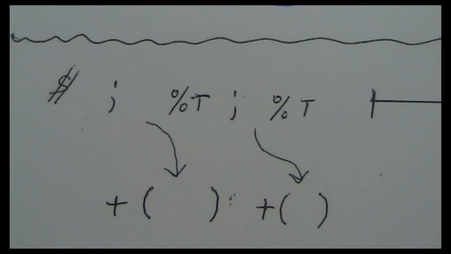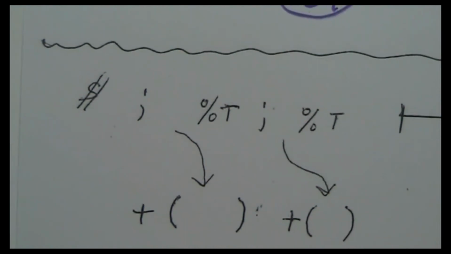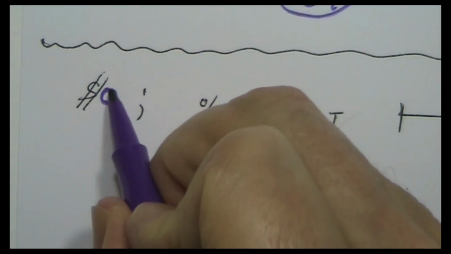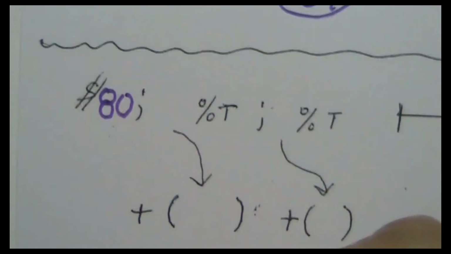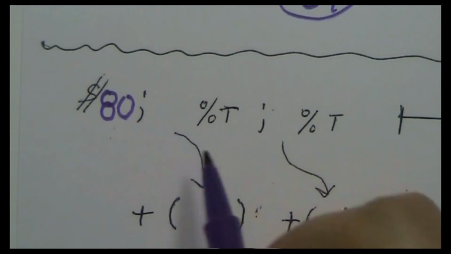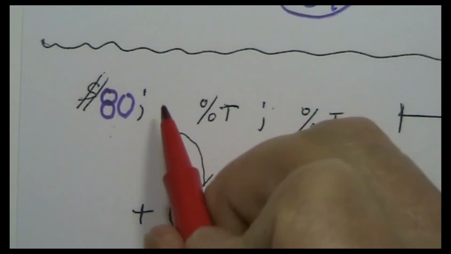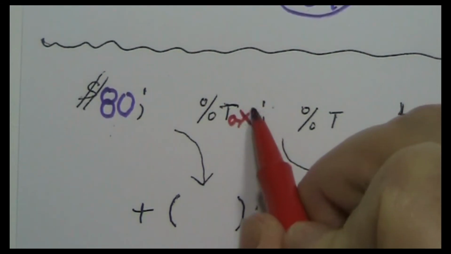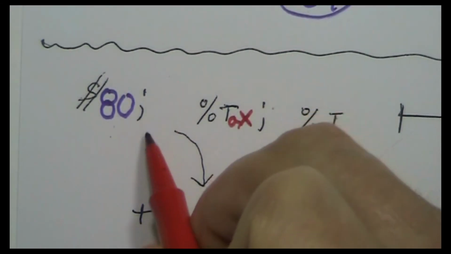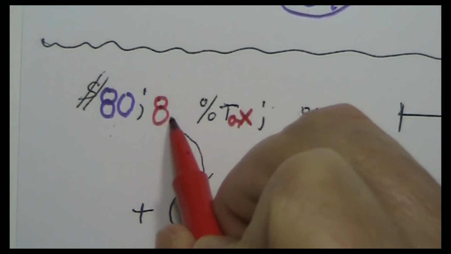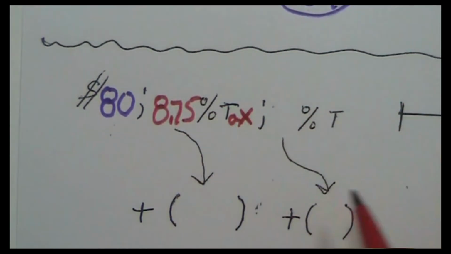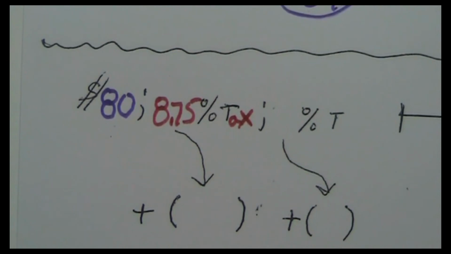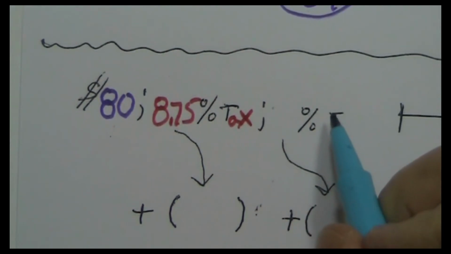All right, let's go down to the bottom example. And we're going to stick with kind of the same numbers. So you're going to buy an item, it costs $80. And the tax is going to be the same, 8.75%. This is the tax. And then we're going to pay a tip.